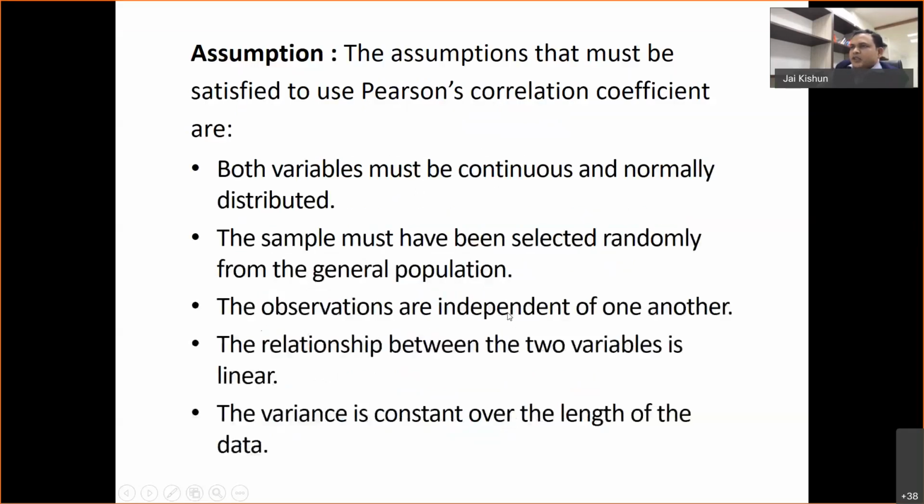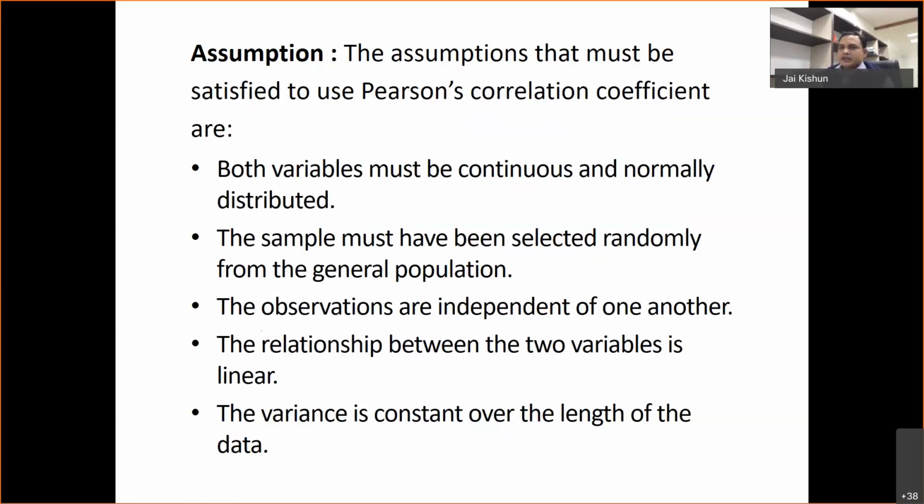So these are basically the mathematical assumptions. This is important when we go for the Karl Pearson correlation coefficient and when we go for the rank correlation coefficient.